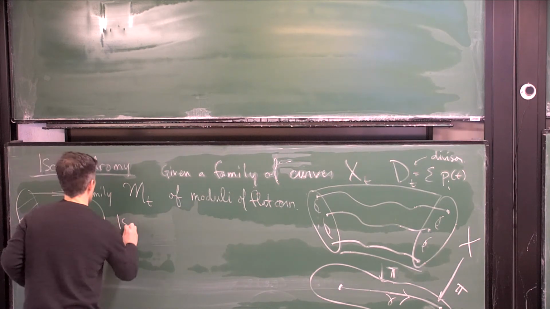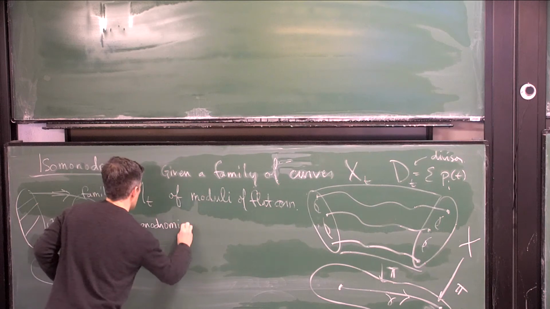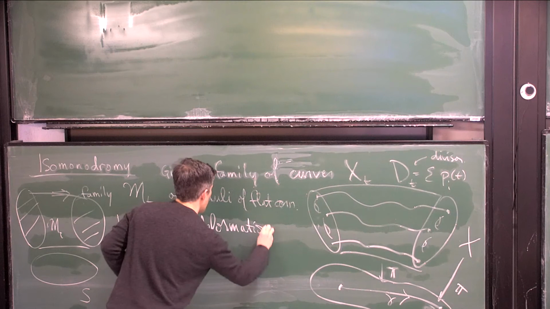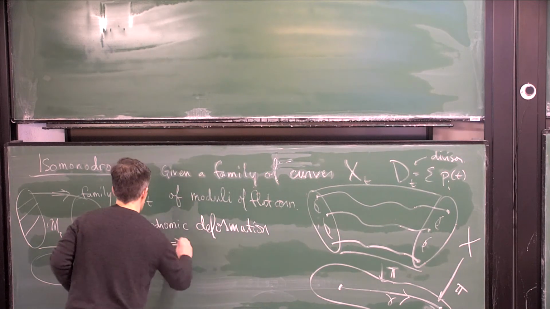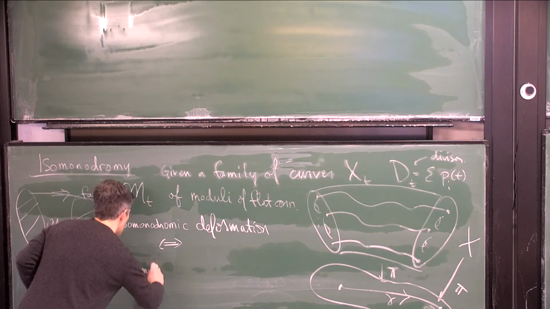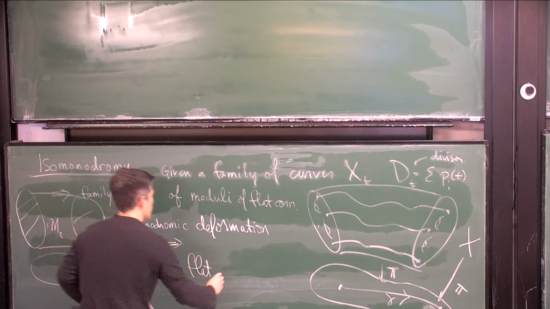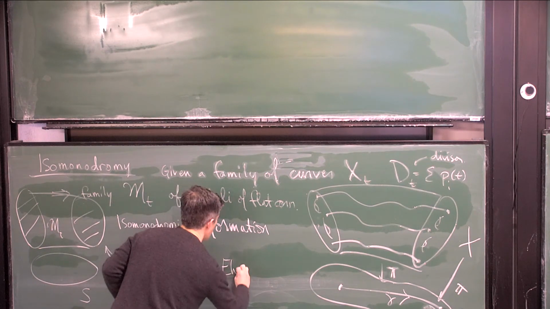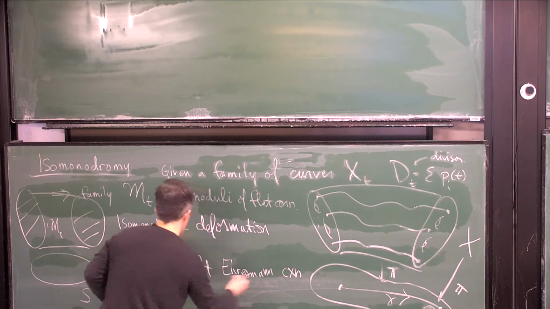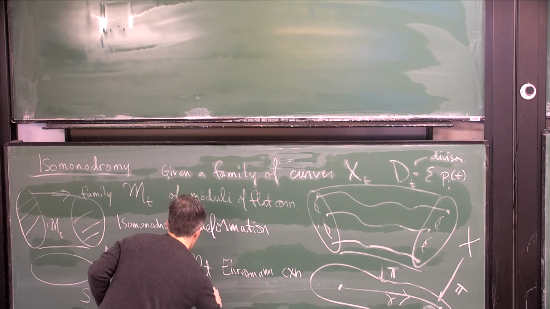So iso-monodromy is equivalent to the statement that this family has a flat so-called Ehresmann connection. It just means that it's a flat fiber bundle.